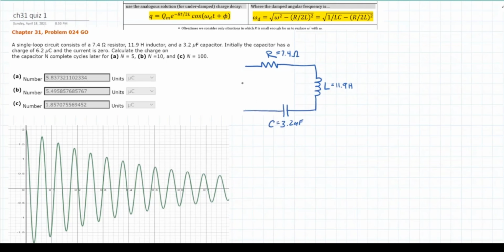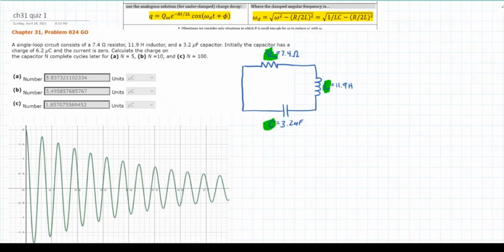That's all we have. We don't even have a power source, but the capacitor had an initial charge. So this is a single loop circuit consisting of a 7.4 ohm resistor, an 11.9 Henry inductor and a 3.2 microfarad capacitor.